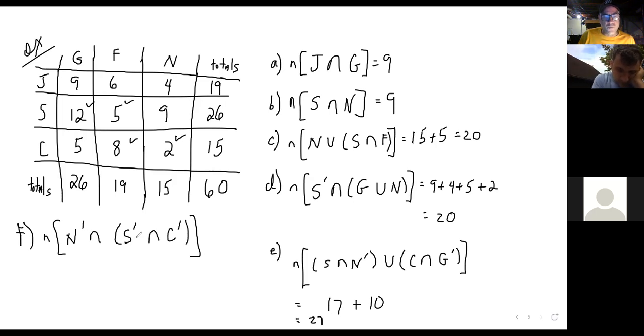What I'm going to do on this one, notice these are all intersections of complements. We can actually hit this with De Morgan's law. That is, I could view this as simply N union S union C, and take the complement of all that. It would be the same thing.